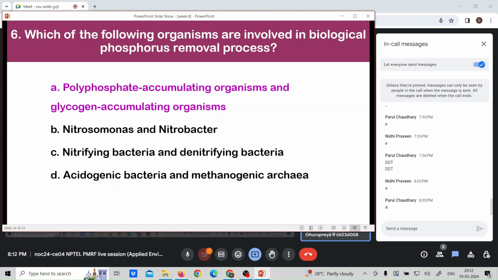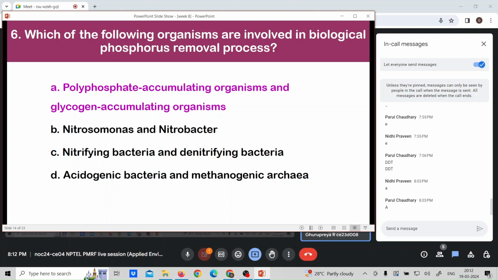The third step is acetogenesis, where acetic acid is produced. All these steps happen one after the other; they are sequential. Until this step, bacteria have their role. In the next step, methanogenesis, methanogenic archaea come into the picture.